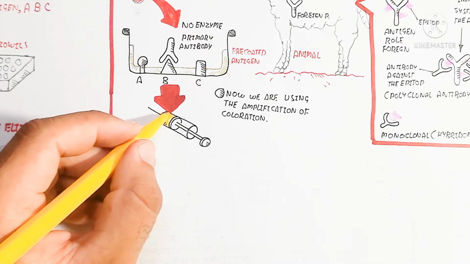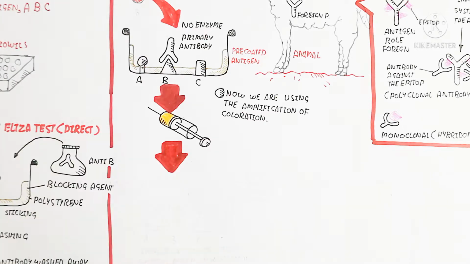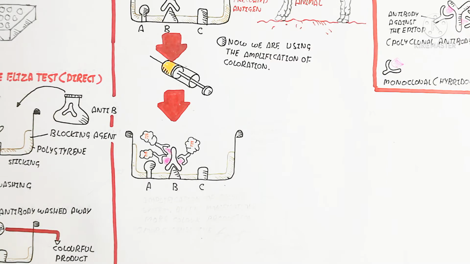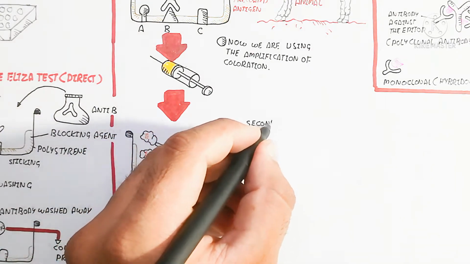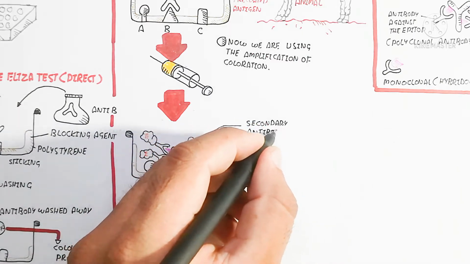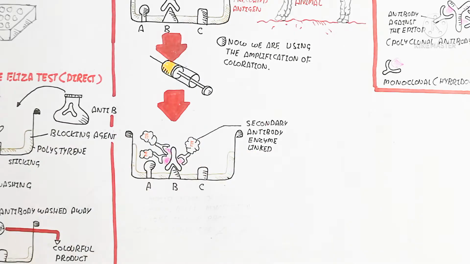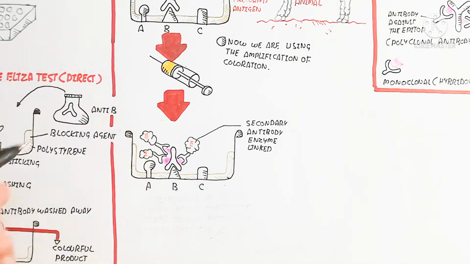We inject the animal, sacrifice the animal or something, and separate the antibody from the blood of the animal, and the enzyme will be linked by a laboratory process. So the enzyme-linked epitope antigen antibody complex goes from the primary antibody to the secondary antibody. The enzyme-linked antibody is known as the secondary antibody.